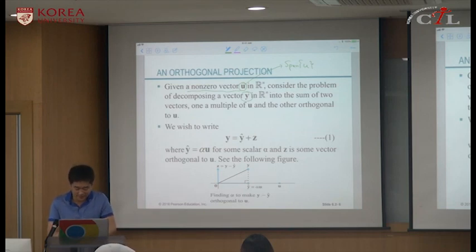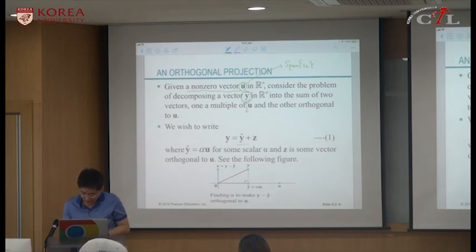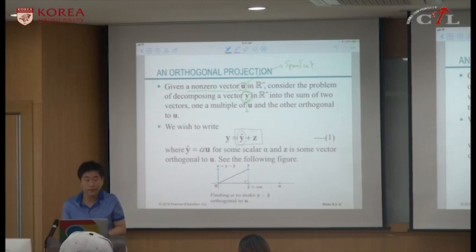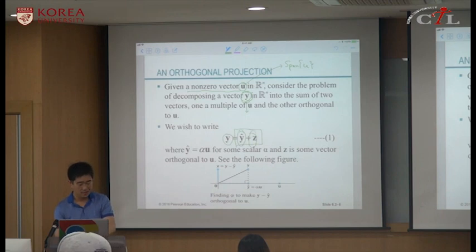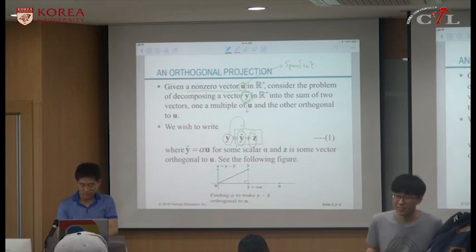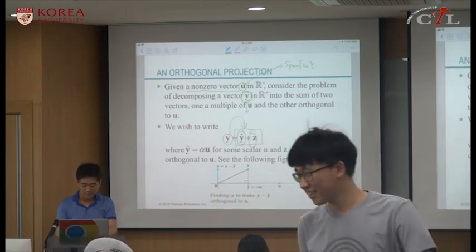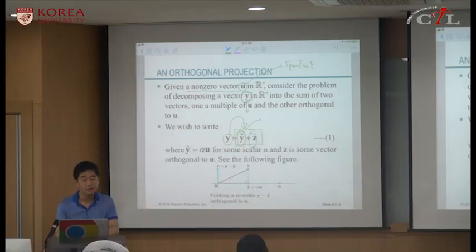Given this vector y, we can decompose it as a sum of two vectors. Given just any vector y, we can decompose it into the sum of two vectors, where the first vector is inside of the span of u.